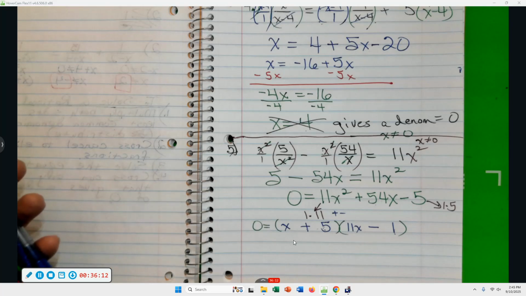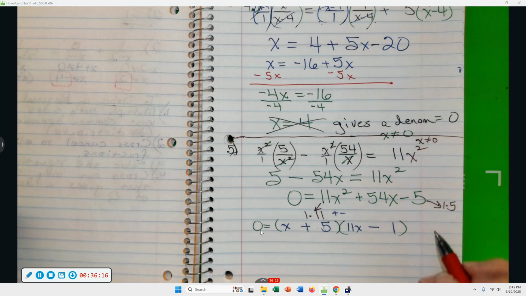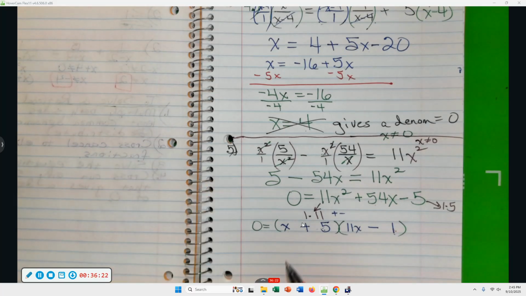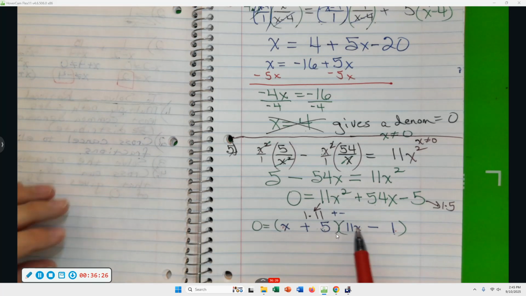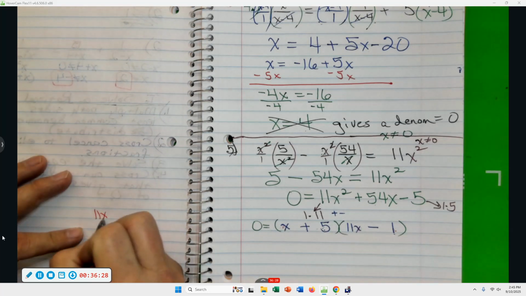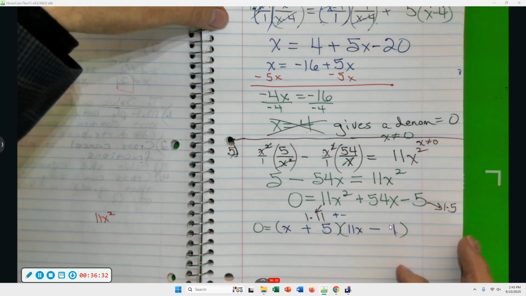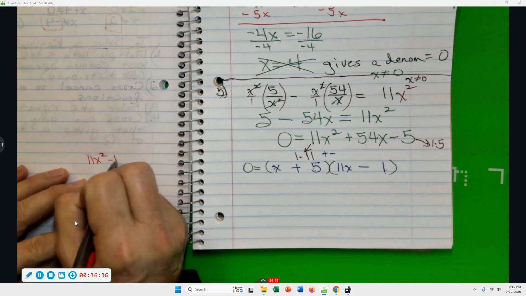Y'all want to check the outer and inner to make sure that we factor this correctly? Here I'm checking. What's the outer product? Here's my scratch work. Let's pull out the whole thing. Okay, first, x times 11x is 11x squared. Outer. Okay, a minus 1x.